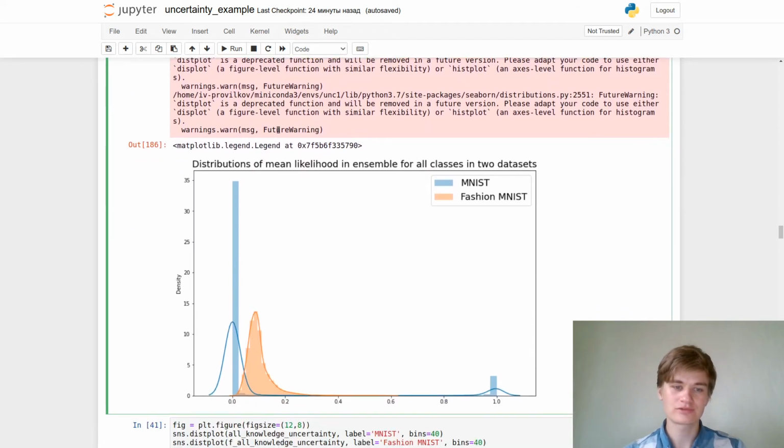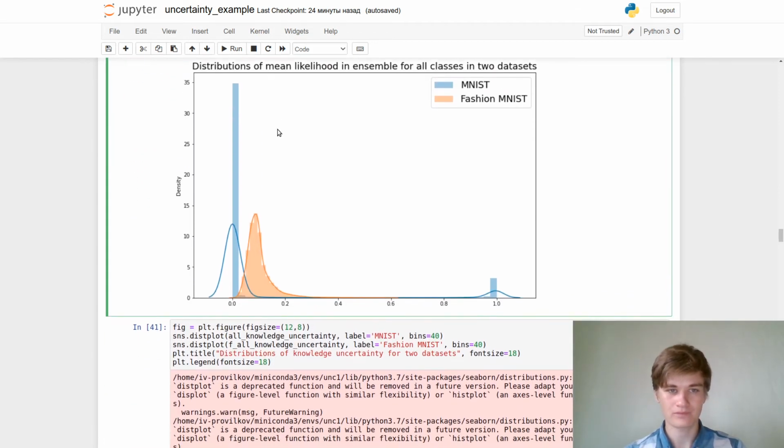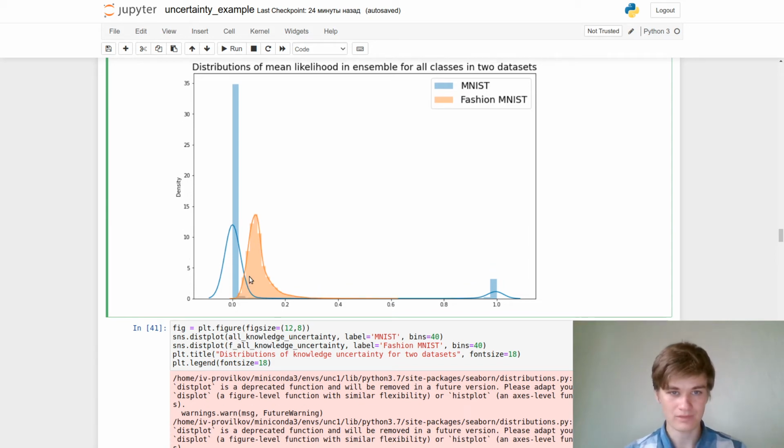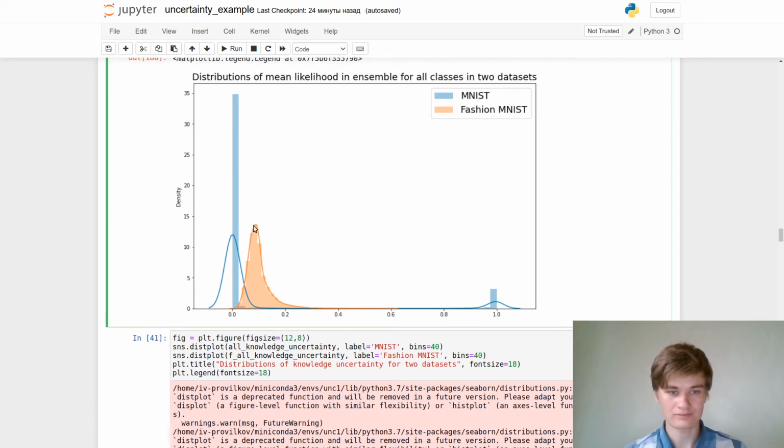And let's look at the distributions of mean likelihood in the ensemble for all classes in both datasets. This is just the distribution of, in general, probabilities for some classes in both datasets.